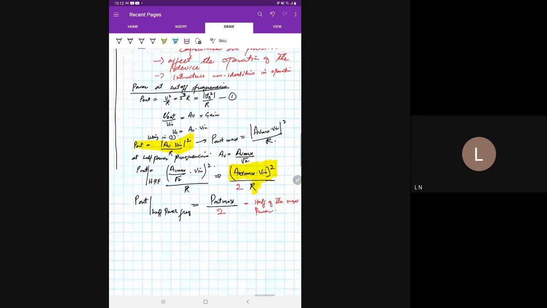That is why these cutoff frequencies are also known as half power frequencies, because the output power at these cutoff frequencies is equal to half of the maximum power.